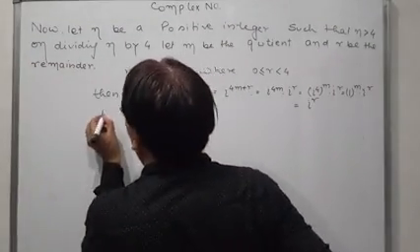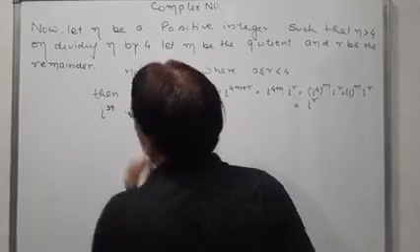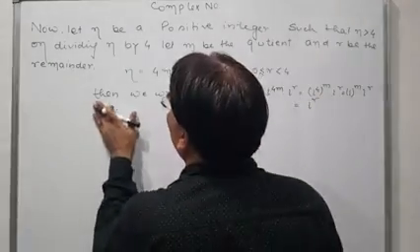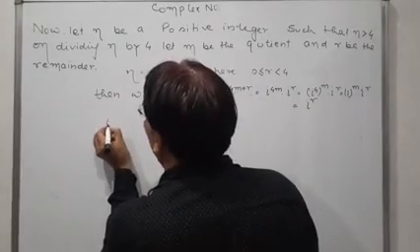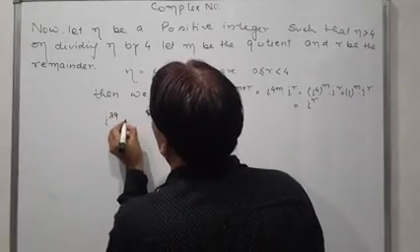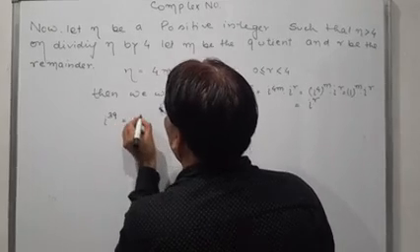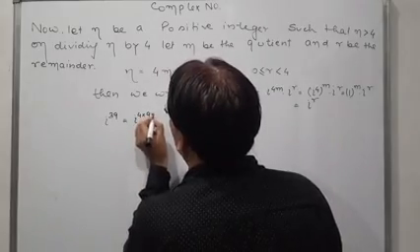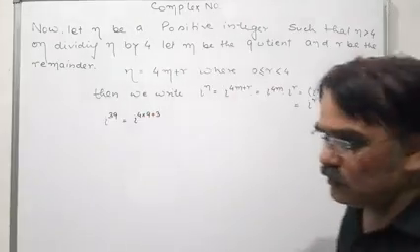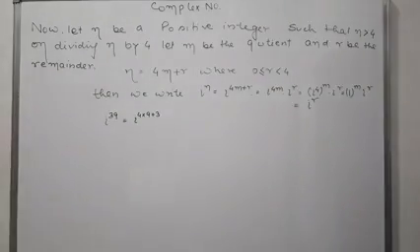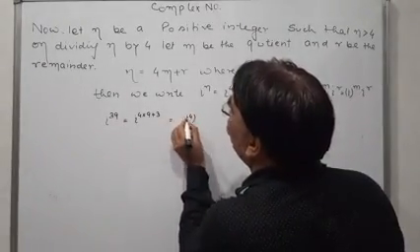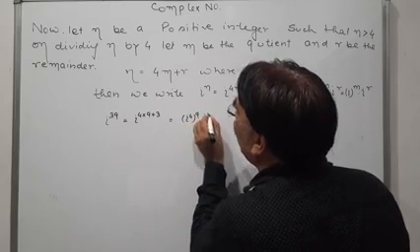For example, if we need to find out the value of i to the power 39, then what we do? We can write it as 4 into 9 plus 3. 4 nines are 36 plus 3. And then we can write it as (i to the power 4) to the power 9 into i cube.